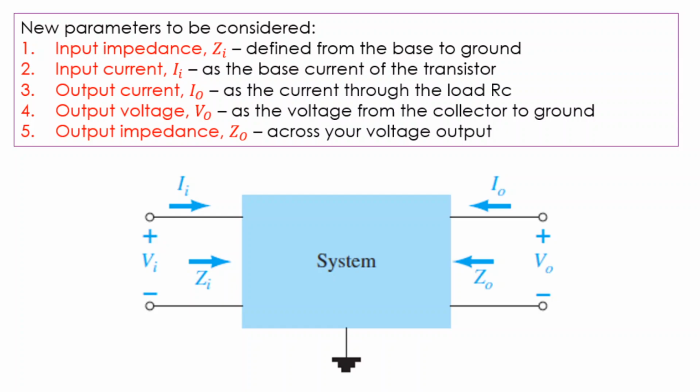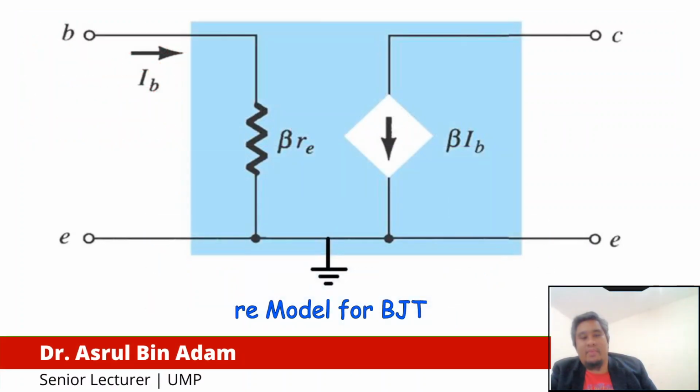Our BJT for AC represents a system. Later on I will explain how we define a system for the BJT, especially for AC analysis. We move to the next slide.